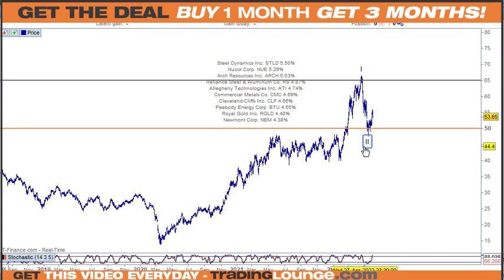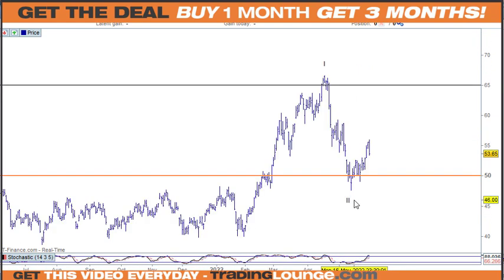So we can have an ABC back here already for wave 2. We'll see. I understand this could get larger here as well, but I'll just keep an eye on this little thing here. Don't have anything to say about this just yet, except that I'd want a nice little impulse wave up here to satisfy that. If we get an impulse wave there, then we'll look for the pullback here, and then as an ETF trade we'll look to go long at that point.